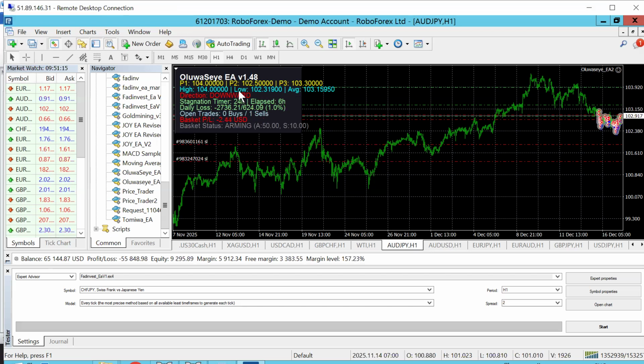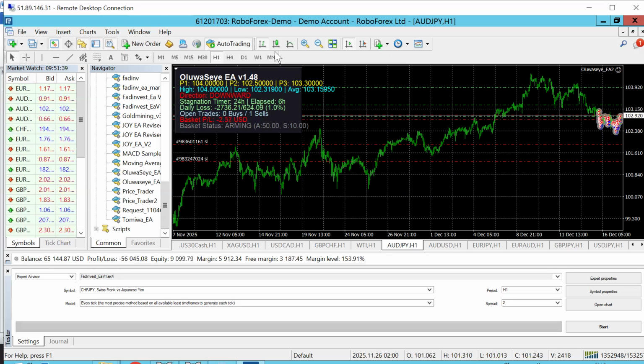So we keep the range between 103.15 and 102.5. Either way the market goes, whether it goes above or below, at the end of the day, both high and low of every day, you either go above this or come below this. That's how we'll be able to monitor the market effectively.